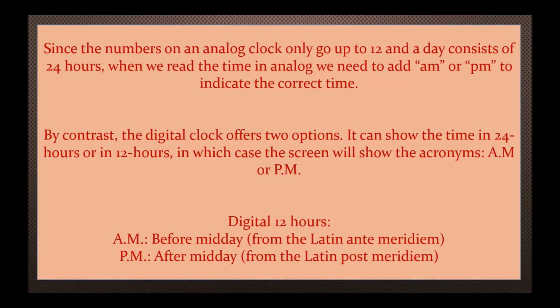It can show the time in 24 hours or in 12 hours, in which case the screen will show the AM or PM. Digital 12 hours, AM before midday, from the Latin ante-meridian, PM after midday, from the Latin post-meridian.